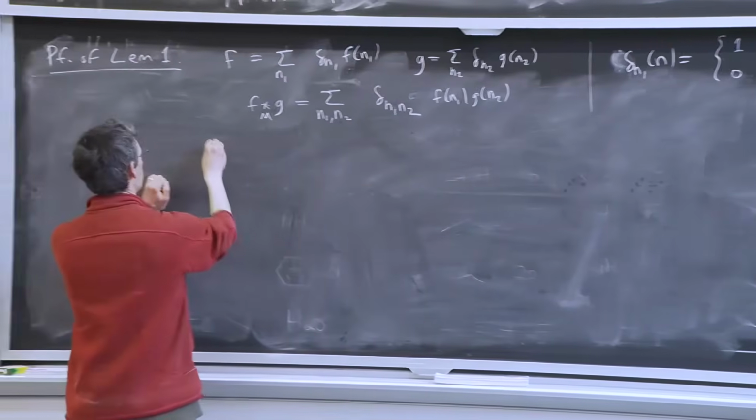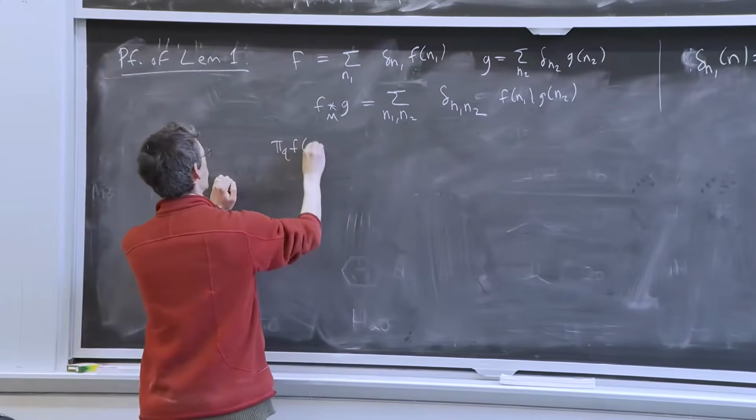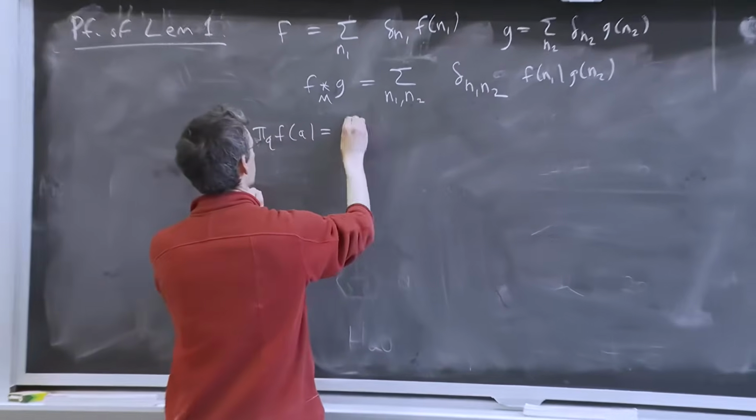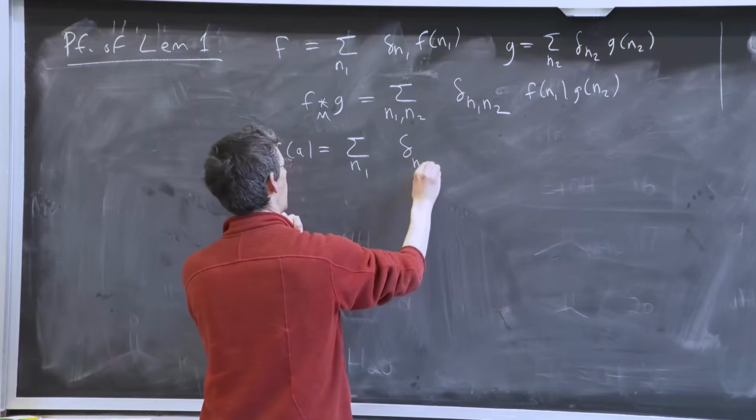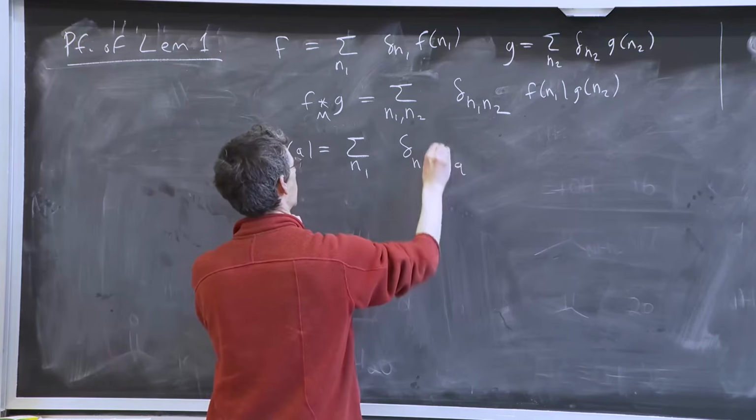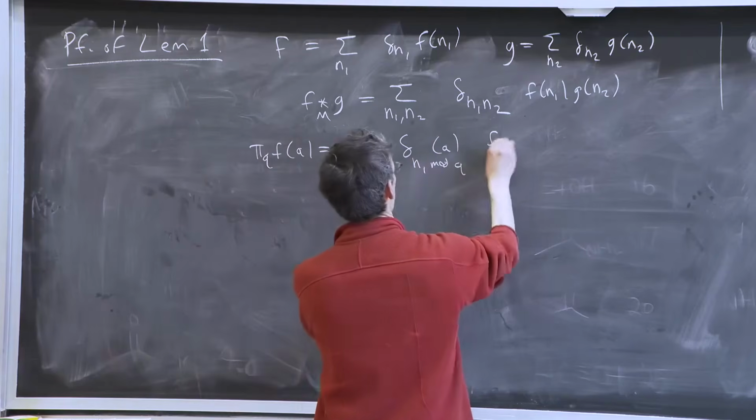OK, so now what is pi q f of a? It's the sum over n1 of a delta function at n1 mod q of a, f of n1.